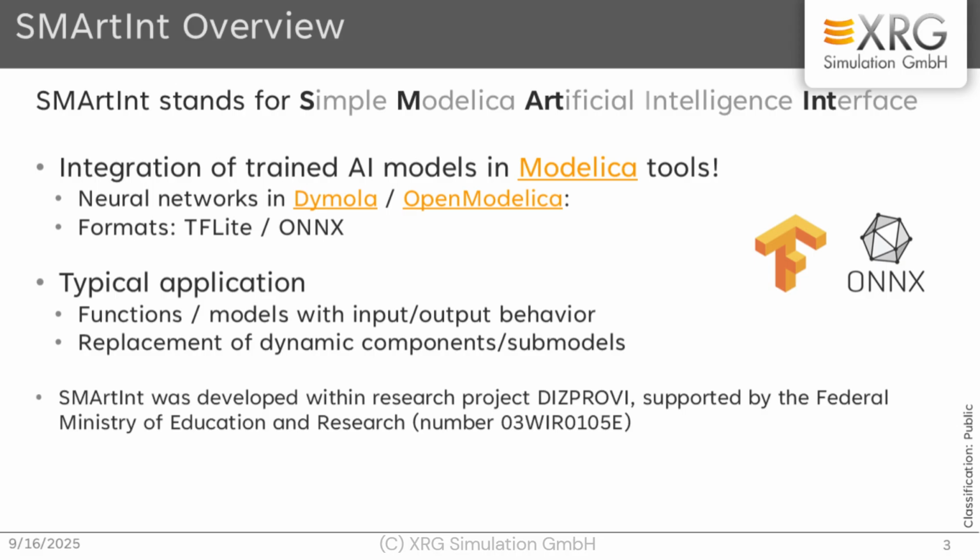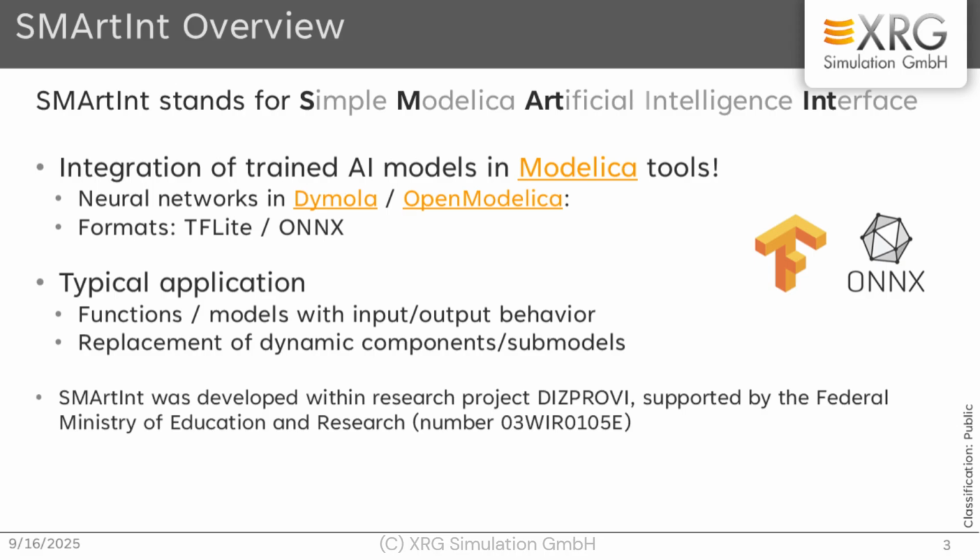Right now, there are two formats or two model types that we can implement. One is TensorFlow Lite, and the other one is ONNX. I will come to that later and tell a little bit more details.